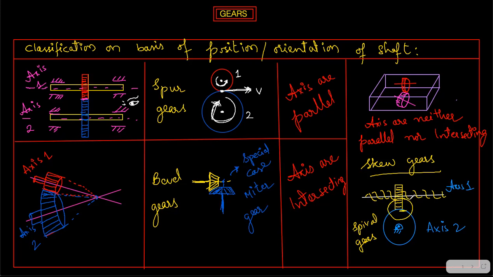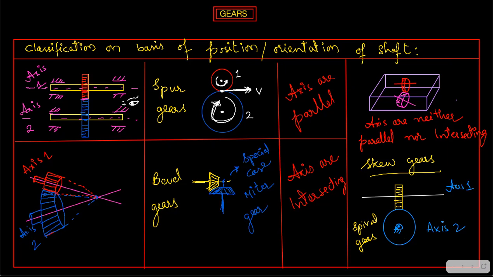So worm and worm wheel gears also come under skew gears, and the orientation is similar: the shafts seem perpendicular but are in different planes. So worm and worm wheel is also an exceptional case of skew gears. You have to remember that point.